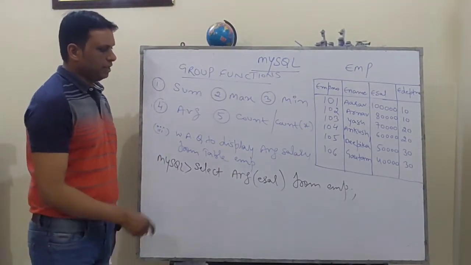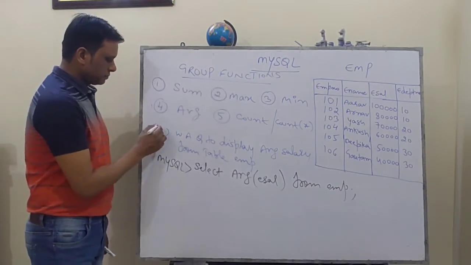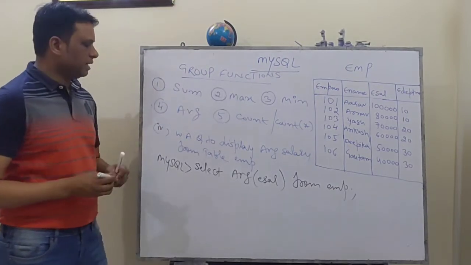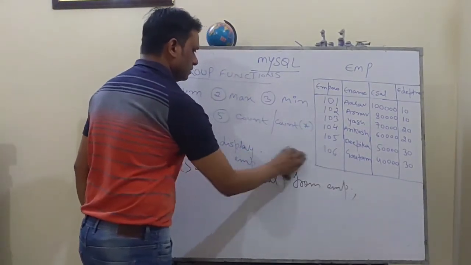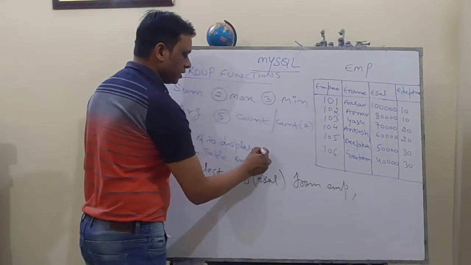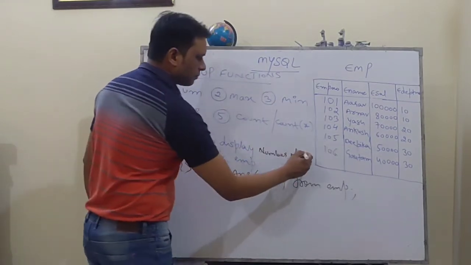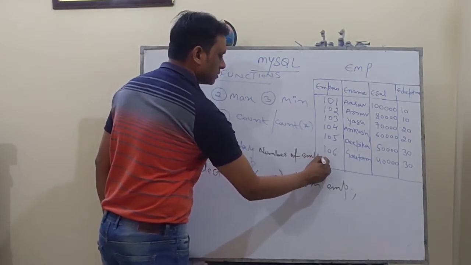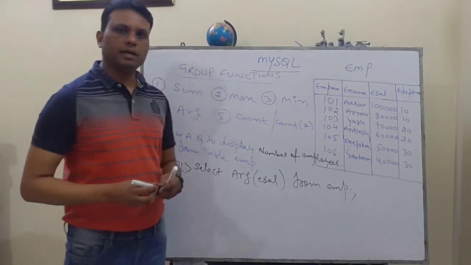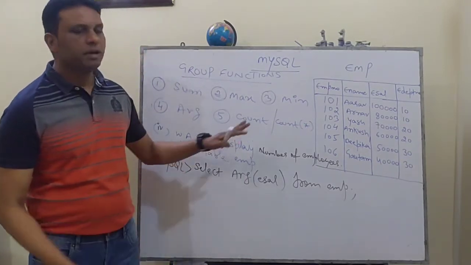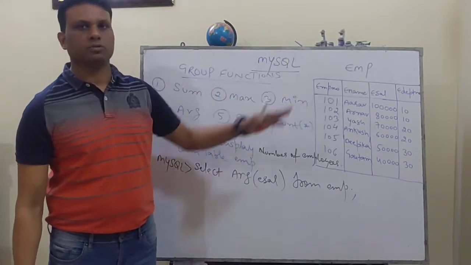Now next query, query number 4. If we have to display, write a query to display number of employees from table EMP. In this query, we have to display how many employees are working in this company according to this table.